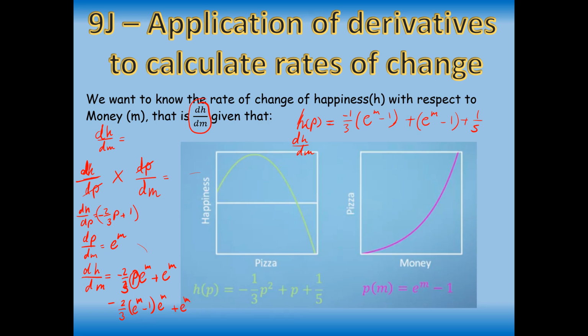Now everything is written in terms of m, so you can substitute any value that you would be given, and this should give you the rate of change of happiness with respect to the amount of money you earn at that point.